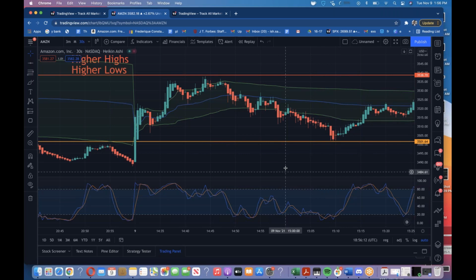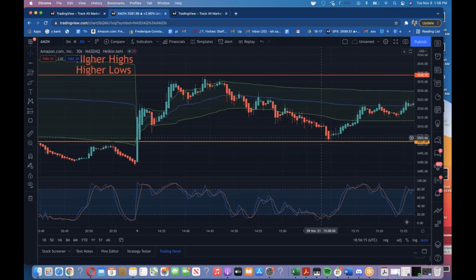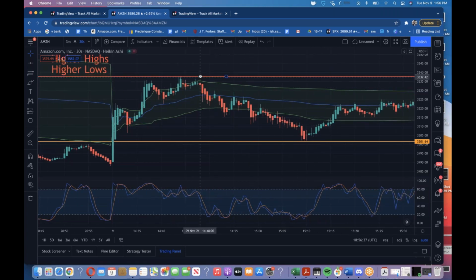I'm not sure what the reason is, it could be any reason, but it's important we note that Amazon was going up, the sellers came in here, and the buyers couldn't take it any higher, so the stock fell down. Then the sellers were exhausted and the buyers stepped in right here. These levels are important: the buyers were exhausted at the red level, and the sellers were exhausted at the orange level. So I like to say this is support, and this is going to be resistance, right?